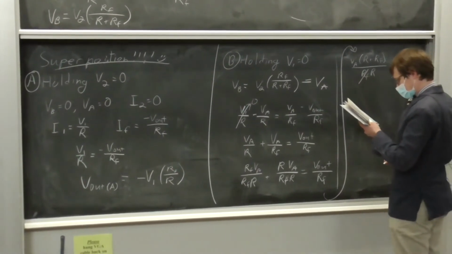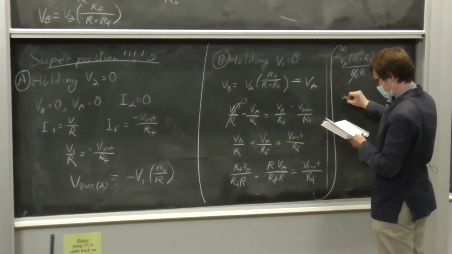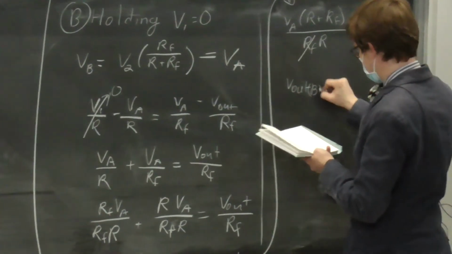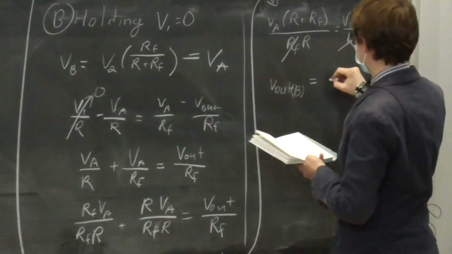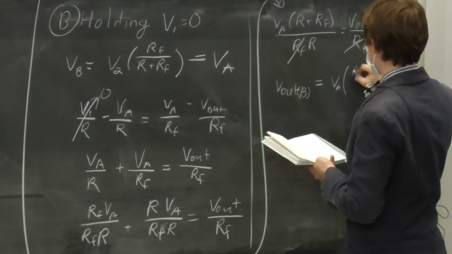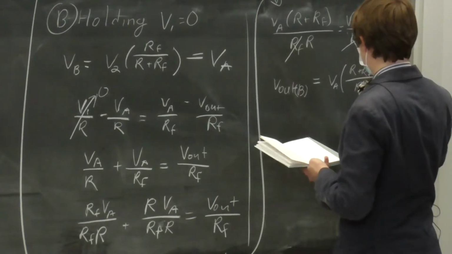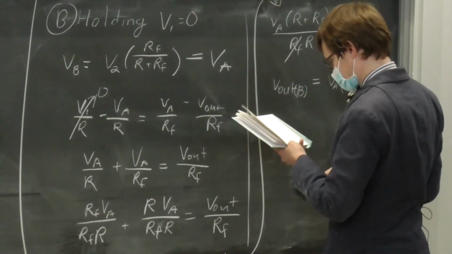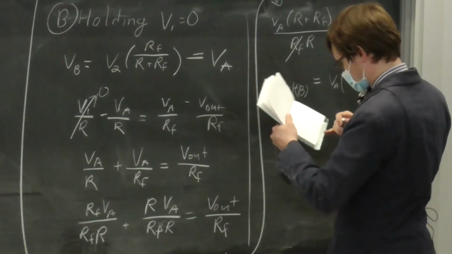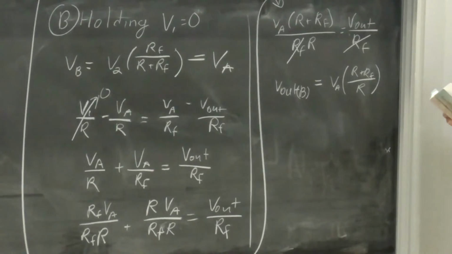So, in the end, we can say that V out B is equal to VA times R plus RF over R. There we go. Sorry, 2, 1. So, good.